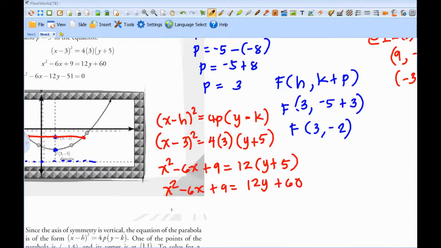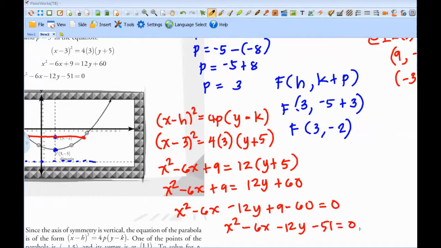Then we will have x squared minus 6x minus 12y plus 9 minus 60 equals 0. Then we combine like terms and get minus 51. So this is the equation that we get.